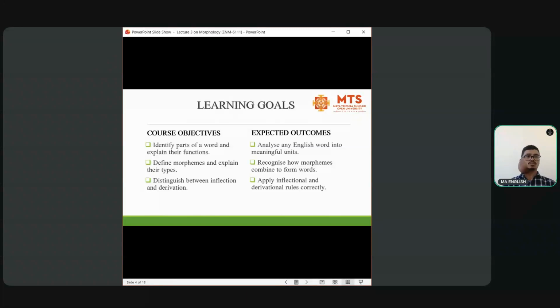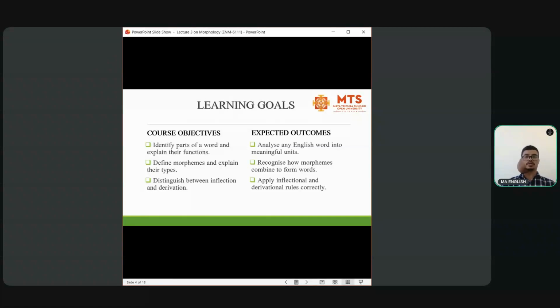Third, you should be able to tell when a word is being inflected and when it is being derived. And if you learn these things, you will easily analyze the structure of any English words. So by the end of the lecture, I expect you to actually perform this analysis, break words into meaningful units, and apply inflectional or derivational rules on your own.